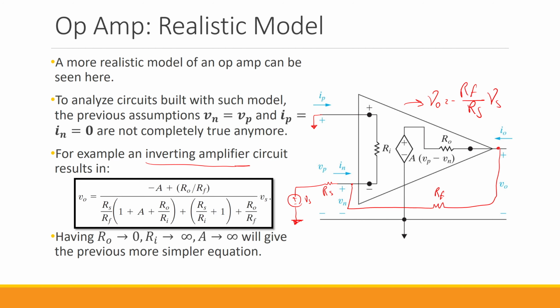But if I eliminate those simplifications and work based on the model that I have, this is the equation that I get for the gain of the inverting amplifier circuit. As you can see, A appears in multiple places. We also have Ri and Ro appearing in the equation.